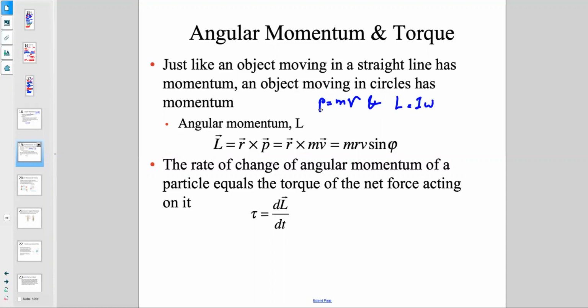In other words, L is R cross P. So R cross P is mRv sine of theta, where theta is the angle between R and the velocity. This is very important. I am going to highlight it for you.